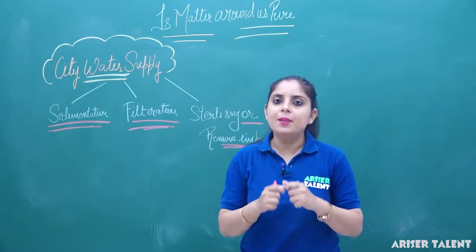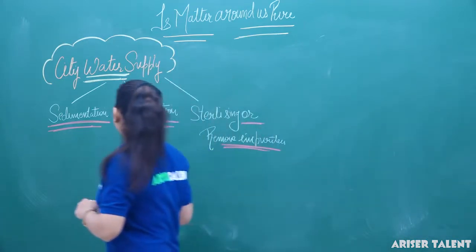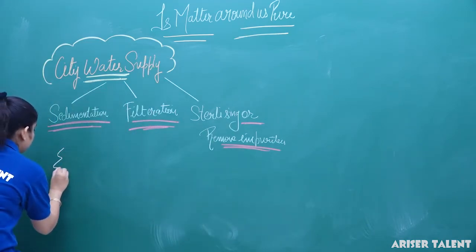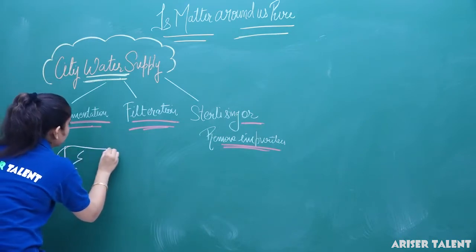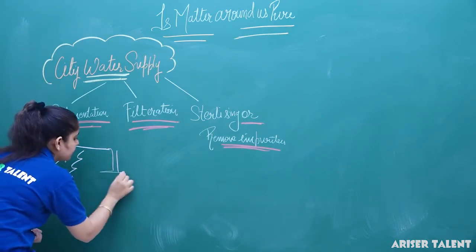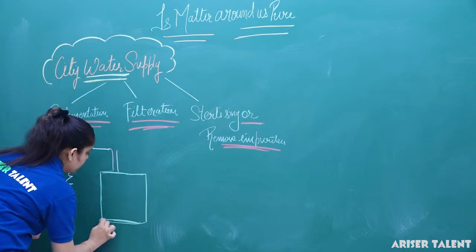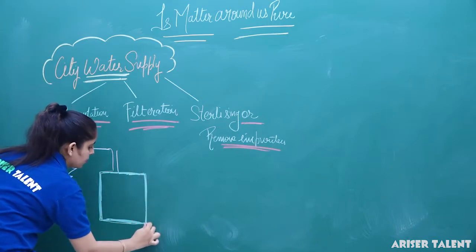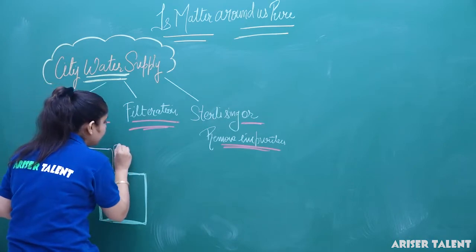So let us see with the help of a diagram how the process of city water supply is done. So what will happen in this? Suppose we have a river here. From this river, the water is going to pass through the pumping station. After this pumping station, the water is going to pass through the sedimentation tank.